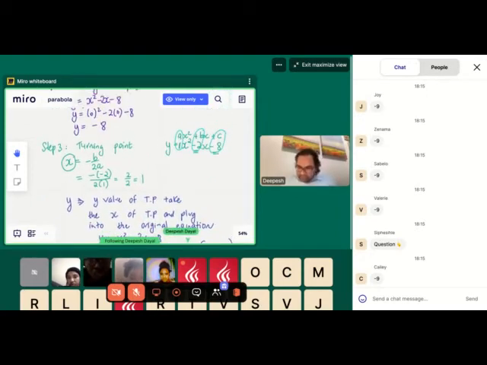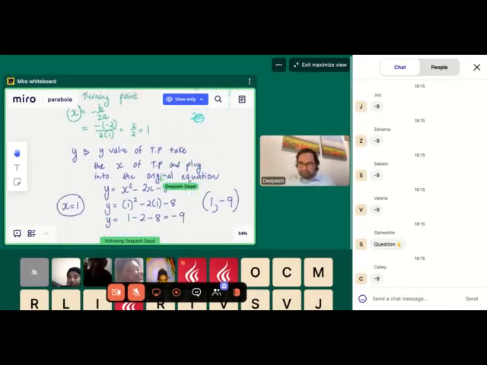So if we say 2a, it means we're going to plug in 2 times a, and our a value here is 1. So it's 2 times 1. Okay? So it's minus b over 2a, and the a was from our original equation, the quadratic. Okay, is that okay?